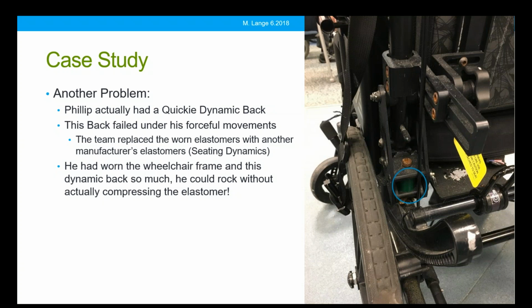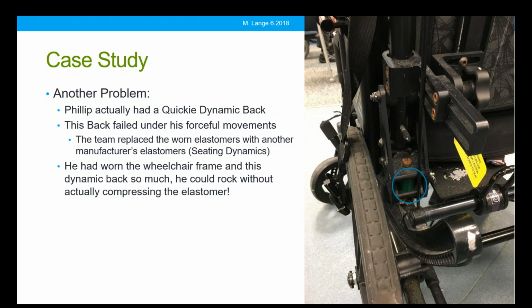So when he was moving, this dynamic component was actually not moving at all. He had worn the wheelchair frame and this dynamic back so much that he could rock without actually compressing the elastomer. So the reason his back was, quote, dynamic was really wear and tear. It was sloppy holes around the bolts and screws within the wheelchair frame.